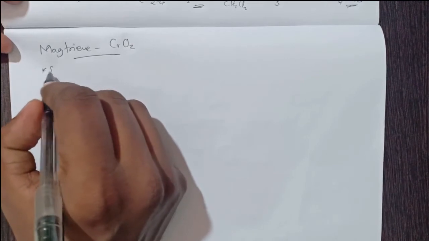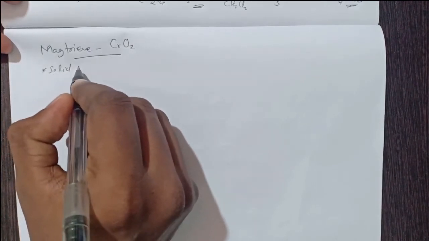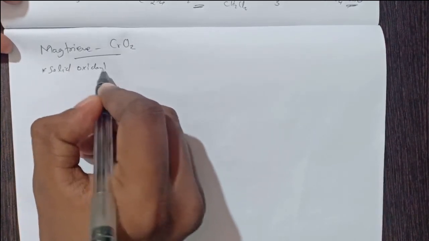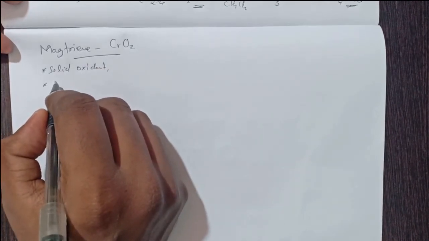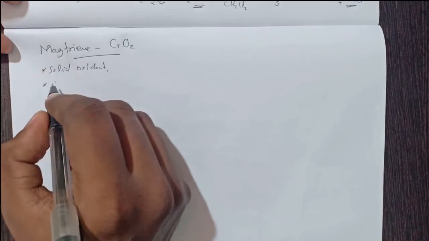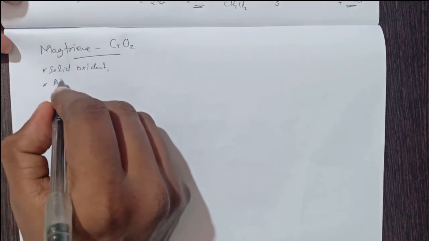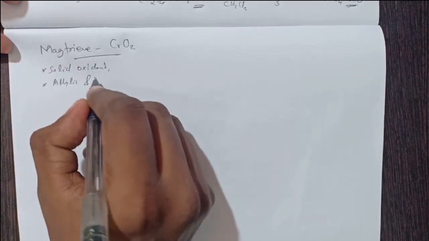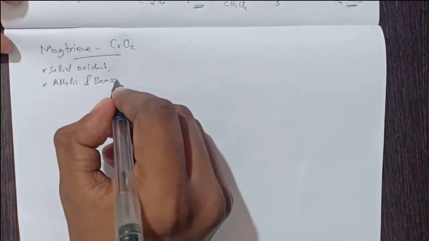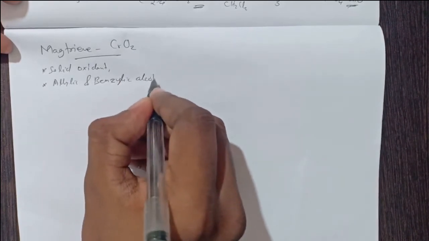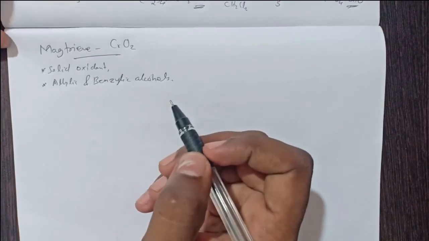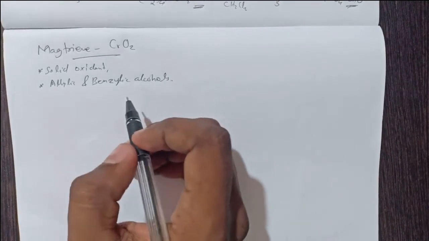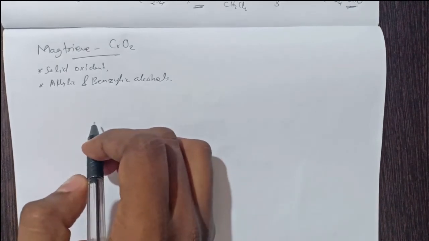The importance of this reagent is that magtrieve oxidizes allylic and benzylic alcohols. Allylic and benzylic alcohols undergo oxidation reactions in good yield. That is the importance of this magtrieve or CrO2.